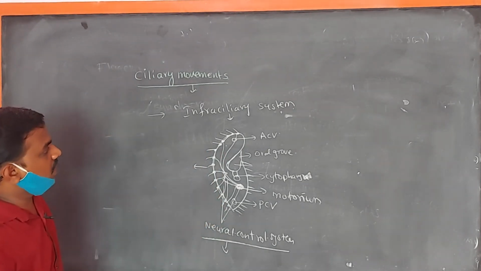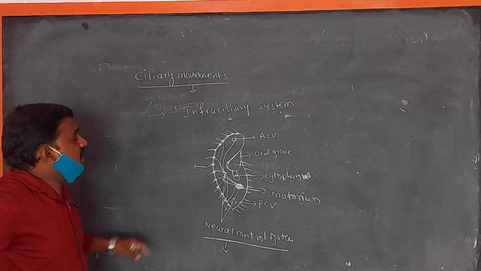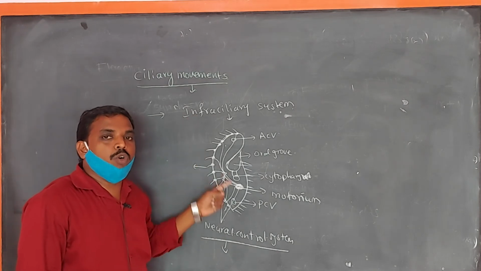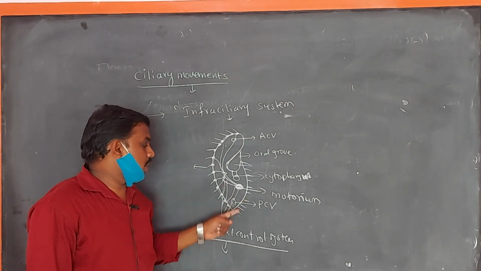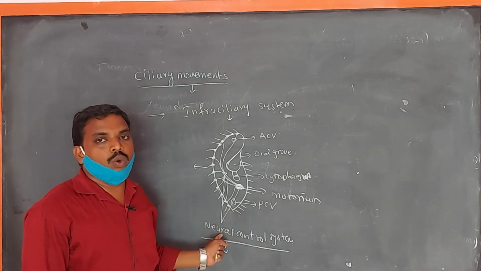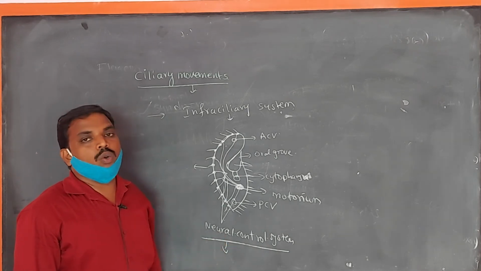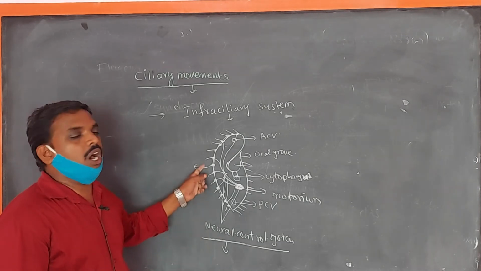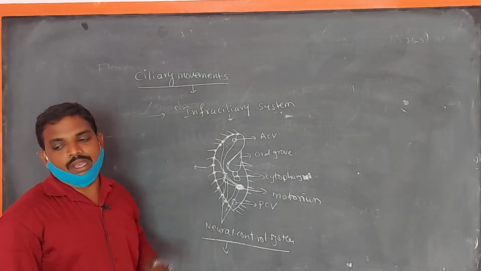So the cilia, which exhibit in the infraciliary system connected to the motorium, both are united to form the neural control system. This neural control system controls the alternation or coordination of cilia.